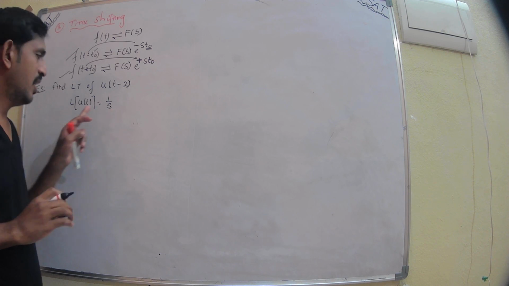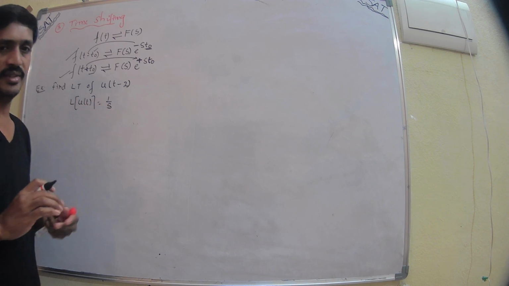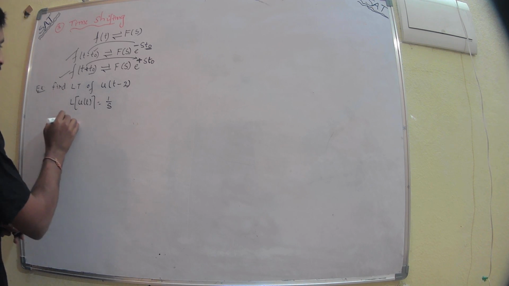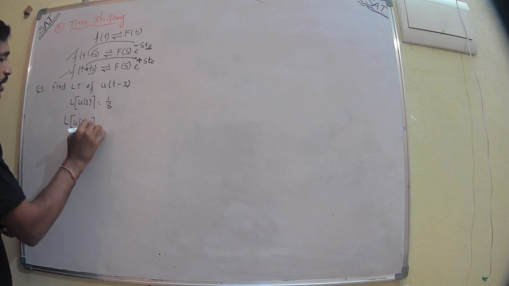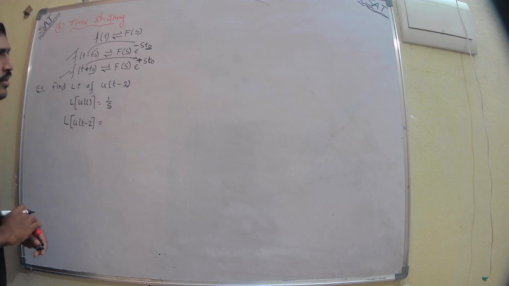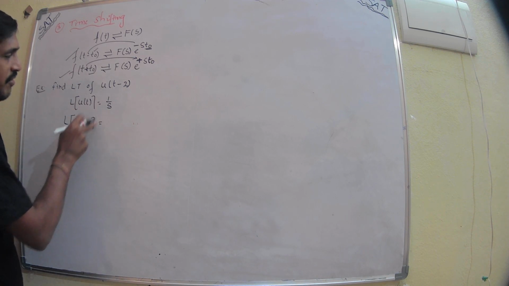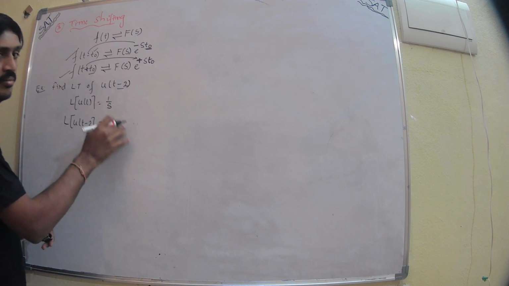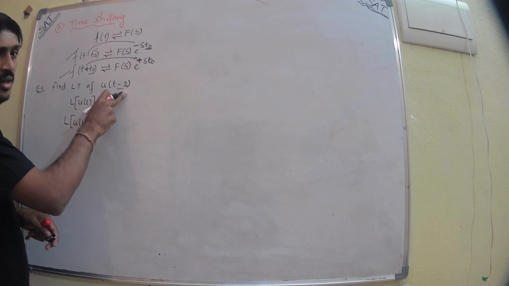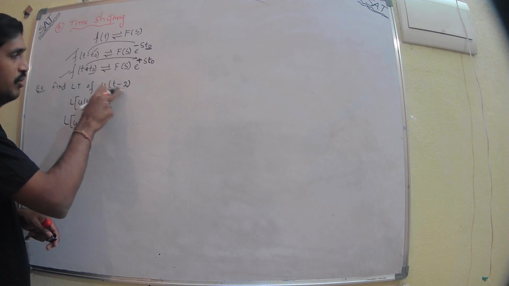Now we can apply the time shifting property. u of t minus 2 is a right shifting here. Can you find out which type of shifting? Right shifting, because it is minus 2.